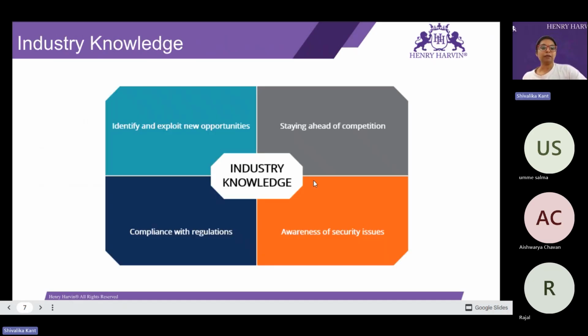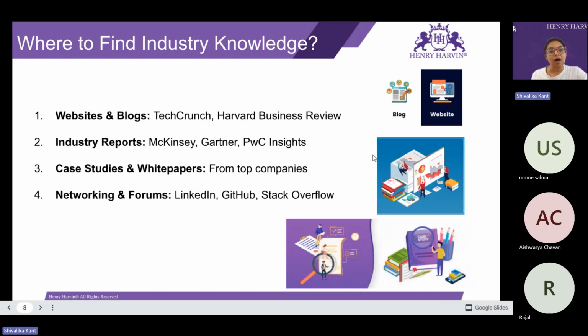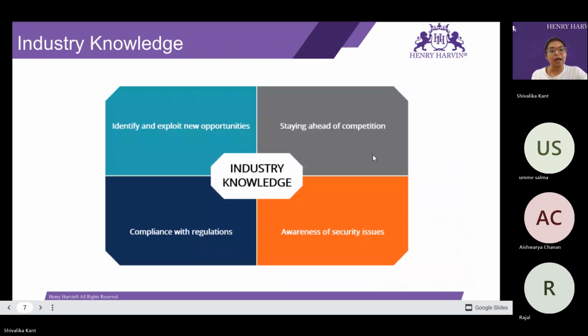Okay. Then here, if you can see, this particular image is divided into 4 sections.